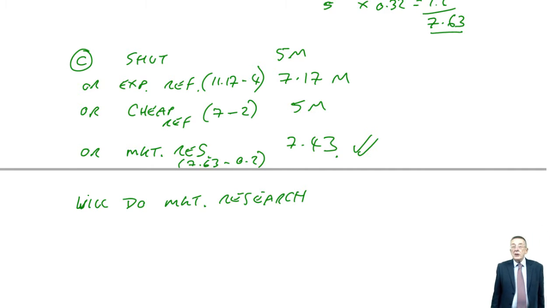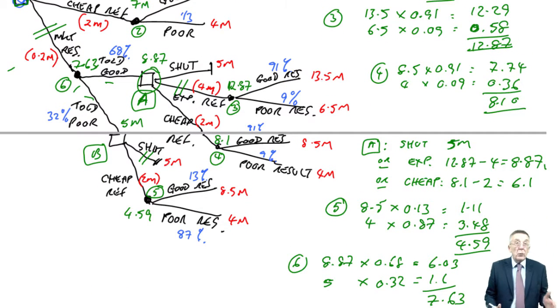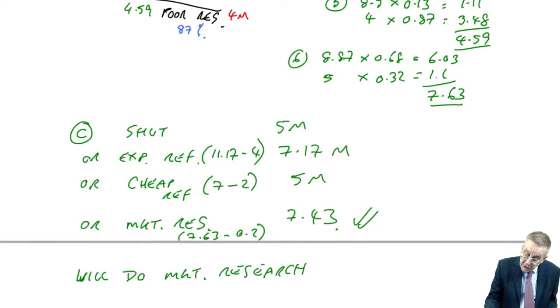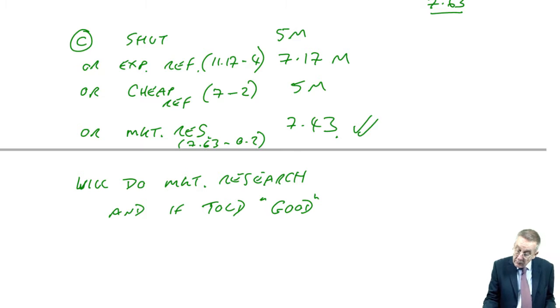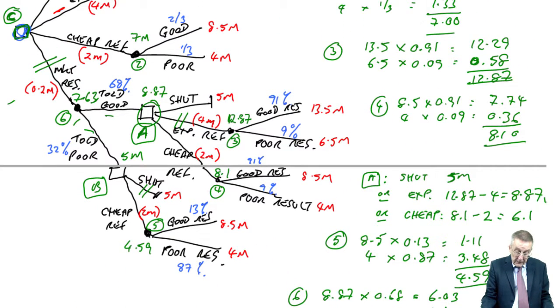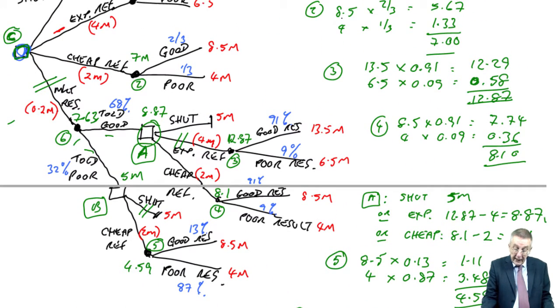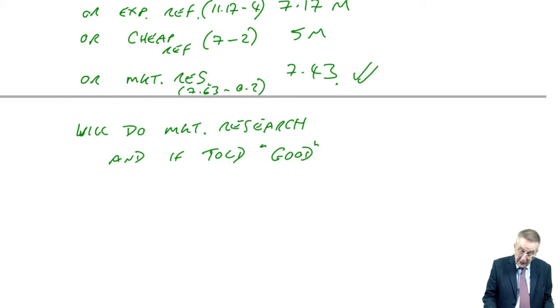But remember, because we're doing market research, there is another decision that will have to be made later, depending on what they tell us. So the full answer, we should really write that down. They give us 2 answers. If we're told good, then what would be the decision? We carry on and do the expensive refurbishment.